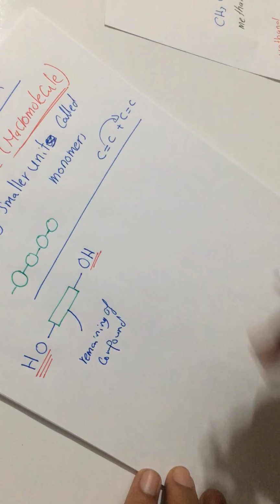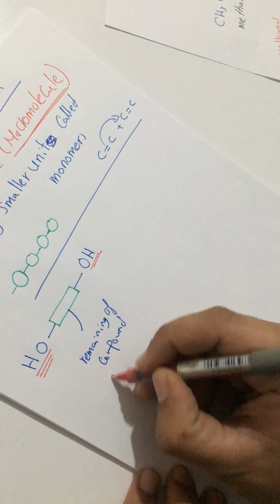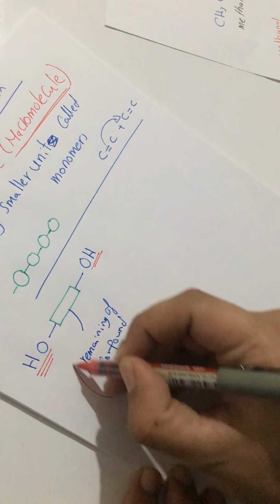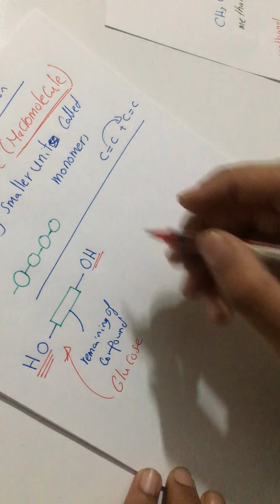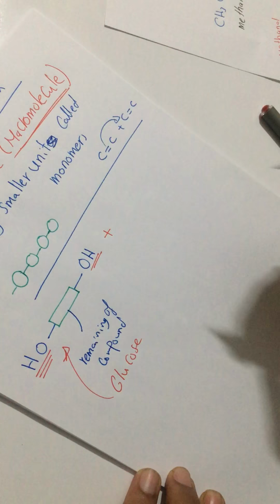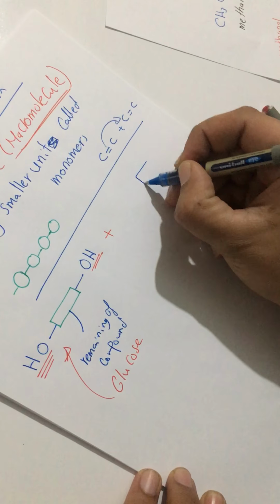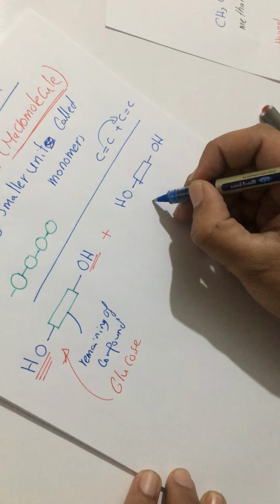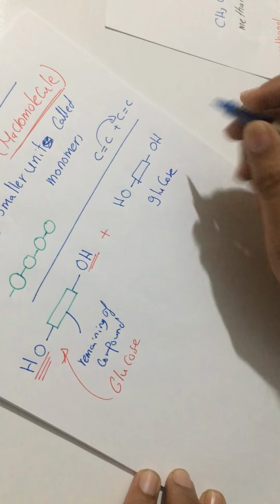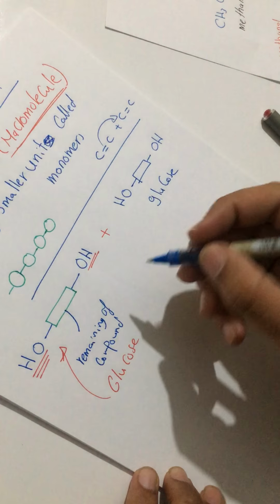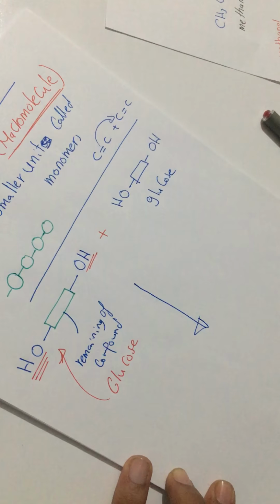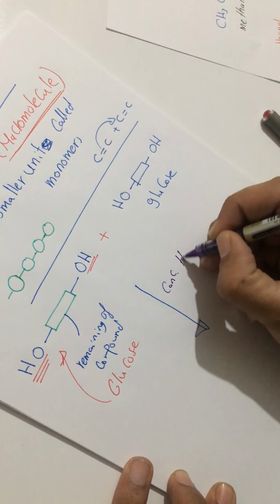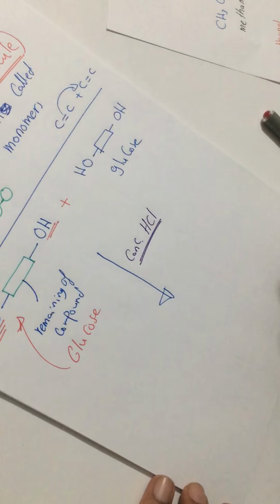I'm going to refer to this compound as glucose. I'm going to refer to glucose by this structure. If we have here 2 units of glucose, I have here another unit of glucose. This is also glucose. If we added 2 units of glucose and we had a catalyst like concentrated hydrochloric acid, what will happen?